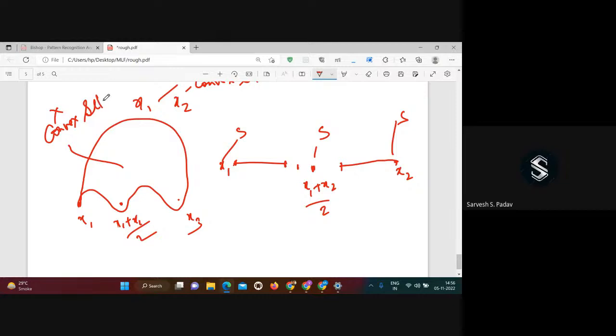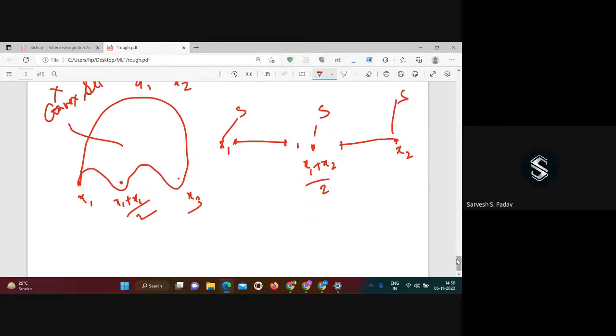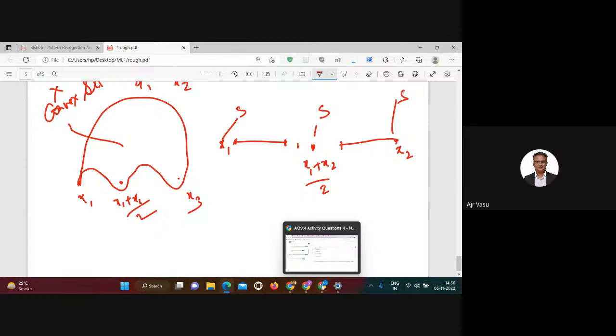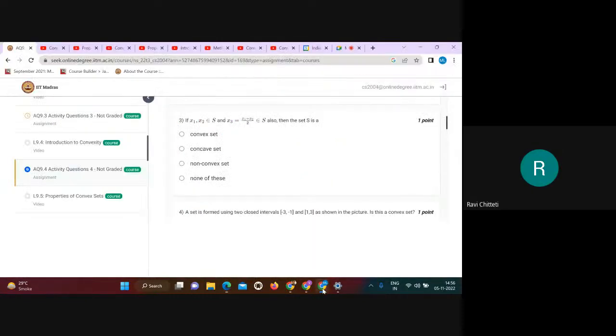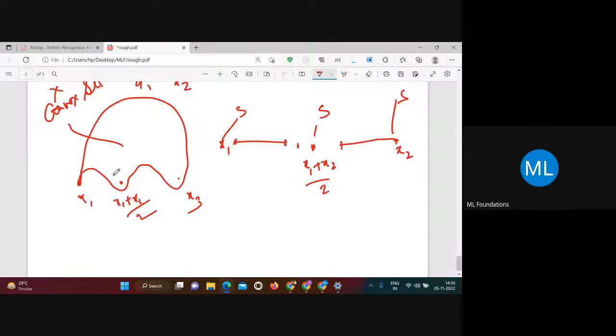But if we take different x1 and x3, then that midpoint may not lie on that set S. Yeah, that's what he's saying: that this entire shape itself is not valid as a convex set, correct? x1 and x2 belong to S here.